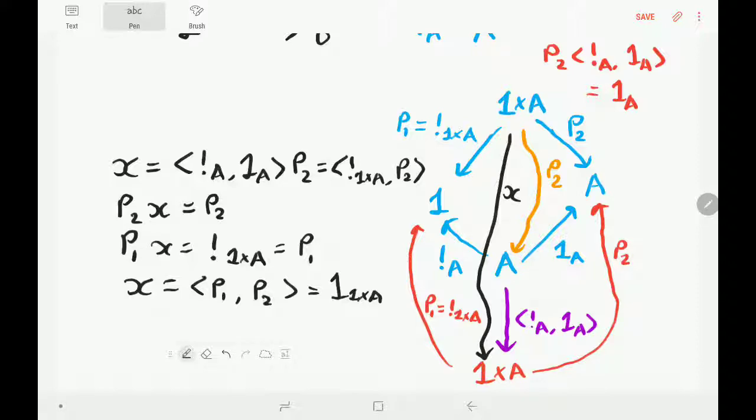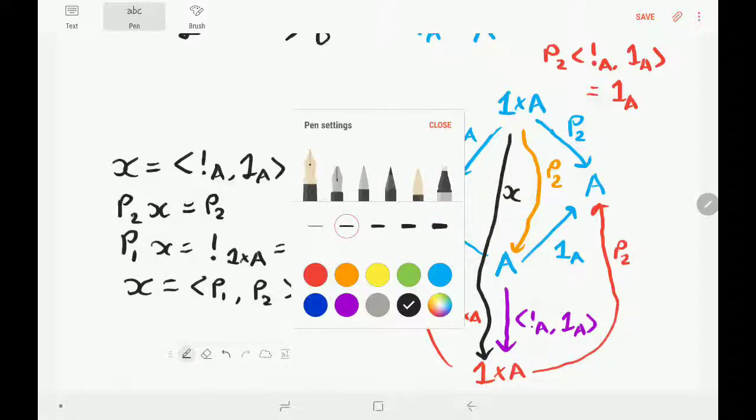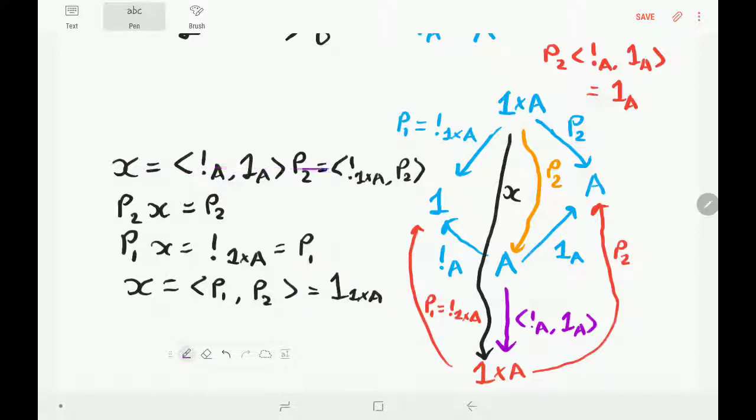So how are we going to do it? Well, x here is exclamation mark a, comma 1a after p2. Using that formula I was just talking about, we can take this p2 inside the brackets.